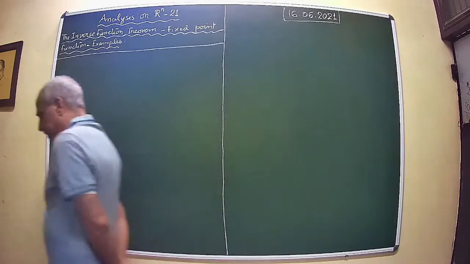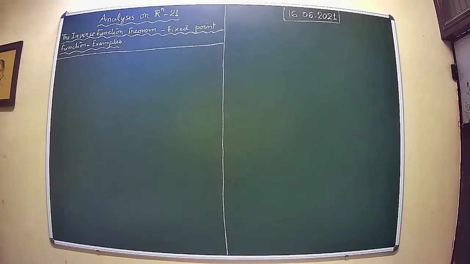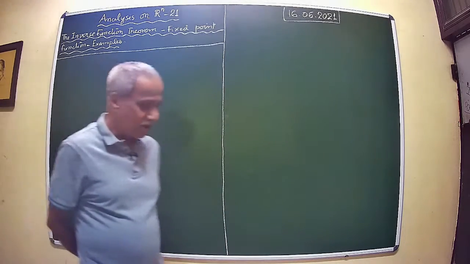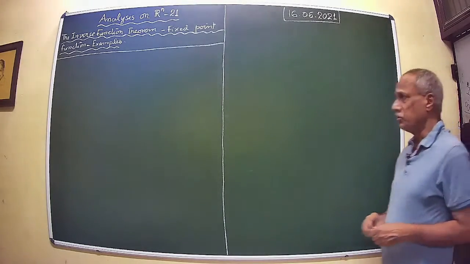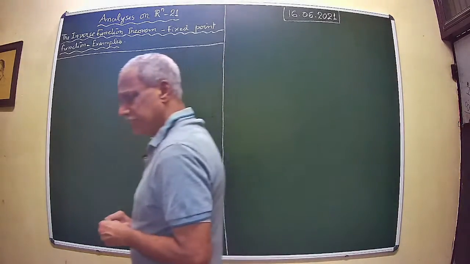Okay, so first let us start with what is called the fixed point function. Let me call it the fixed point function for convenience. So recall that we defined it as follows.